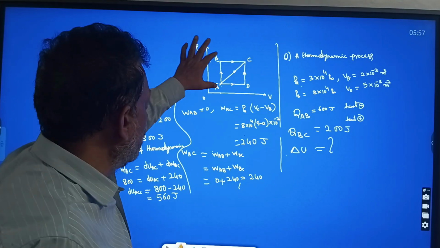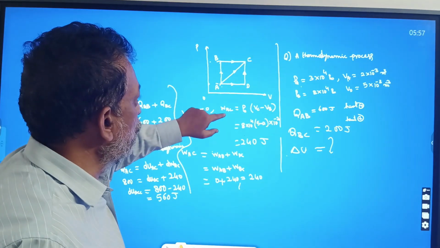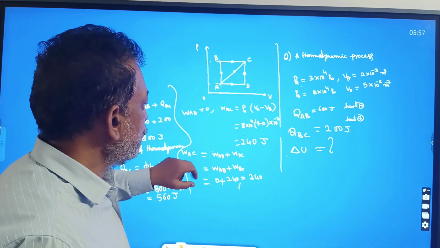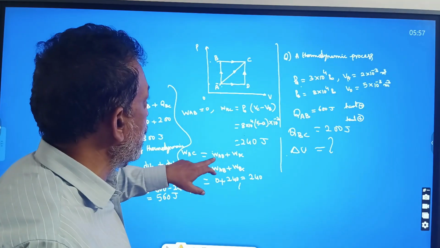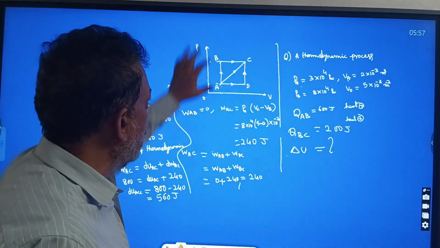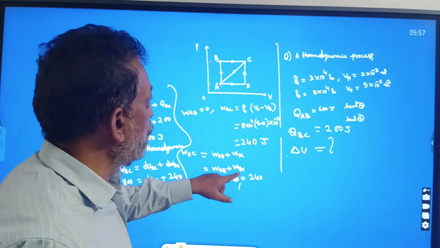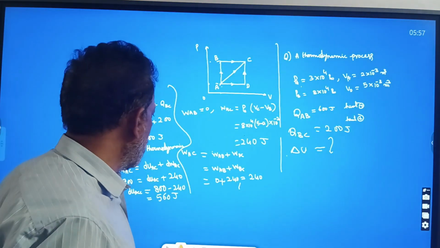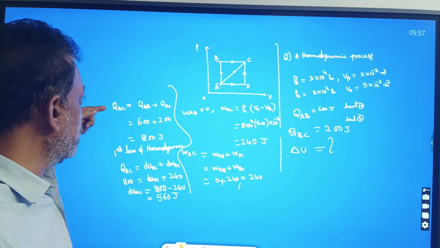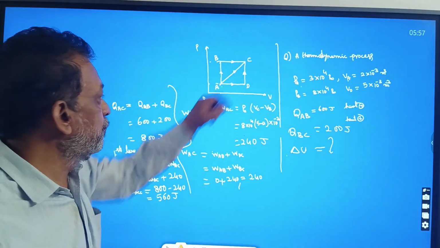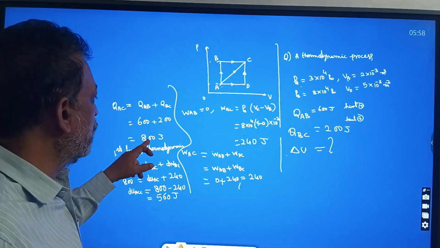What is the work done here? Work done in AB is 0, so work done in AC is work done in AB plus work done in BC, which is 240, we got it. Now the heat supplied to the system, QAC, is equal to QAB plus QBC. That is 800 in total.